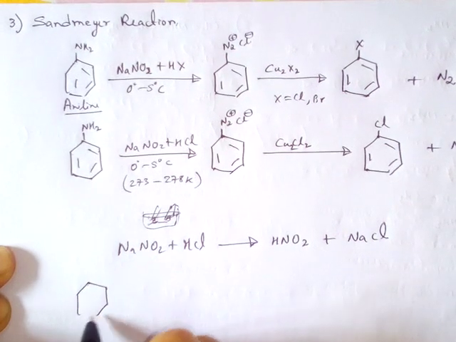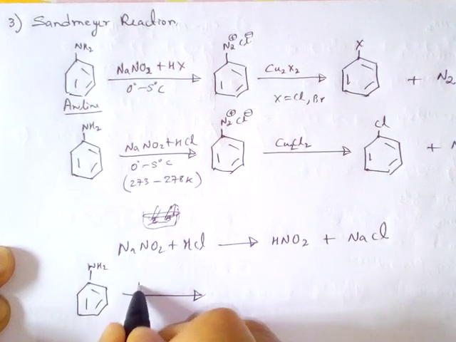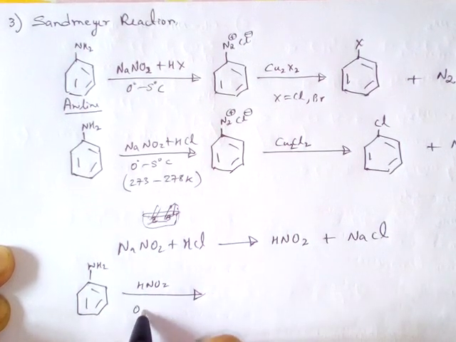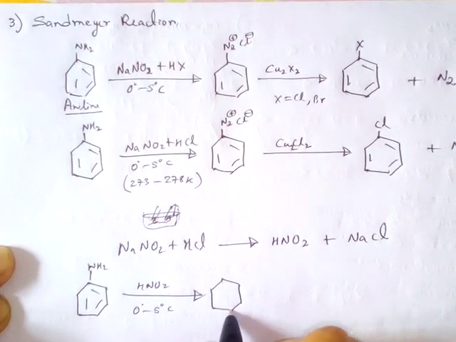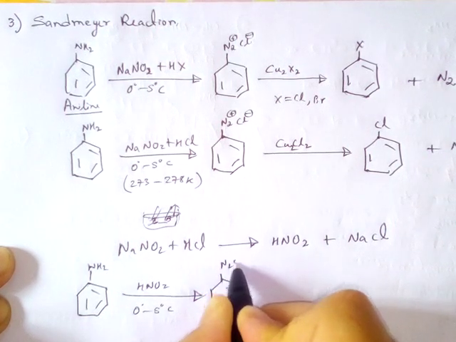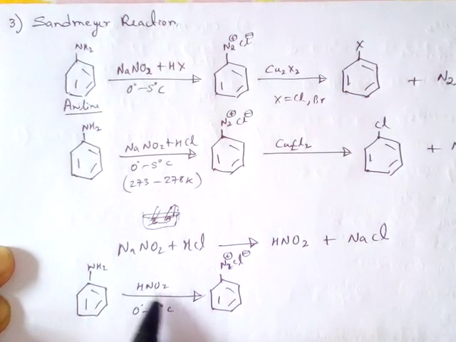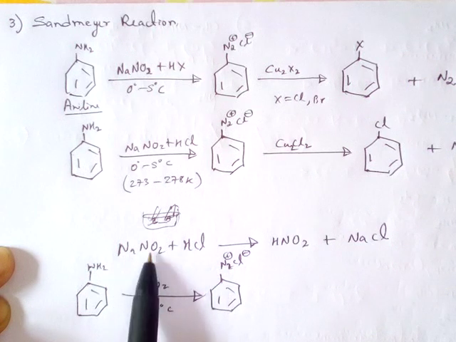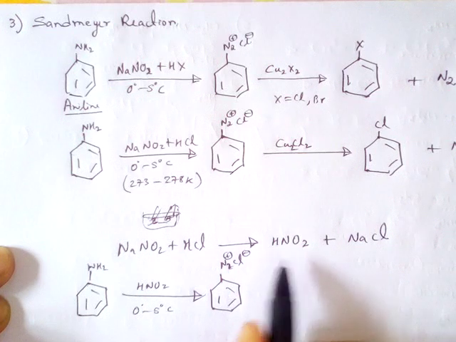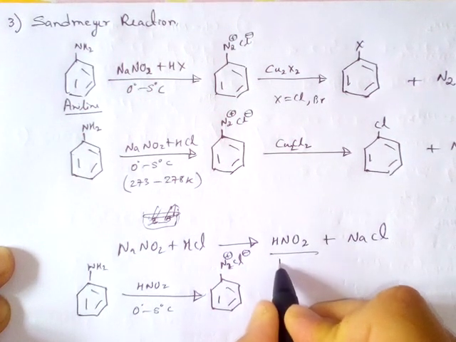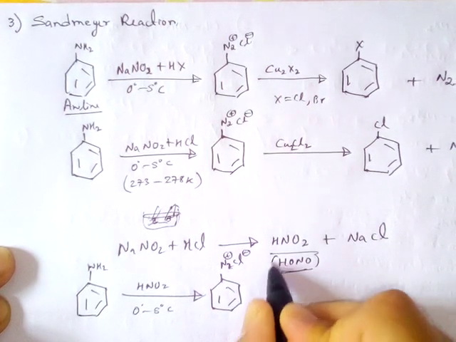Suppose in some reaction, if it's given like this, and it is written here HNO2, 0 to 5 degree Celsius, then remember it will form your benzene diazonium salt, N2+ Cl-. Because HNO2 comes from this reaction, NaNO2 plus HCl gives HNO2. Instead of HNO2, sometimes it is also written as HONO. In some books it is written like this. It's the same thing.